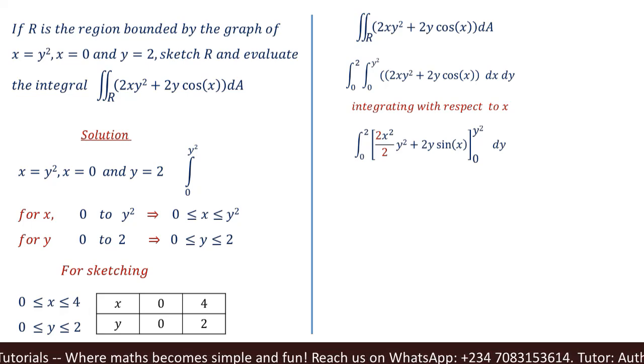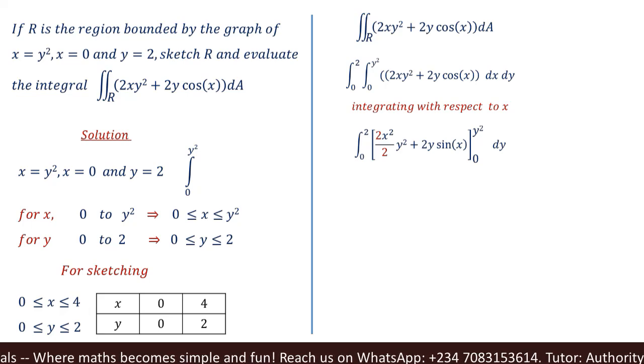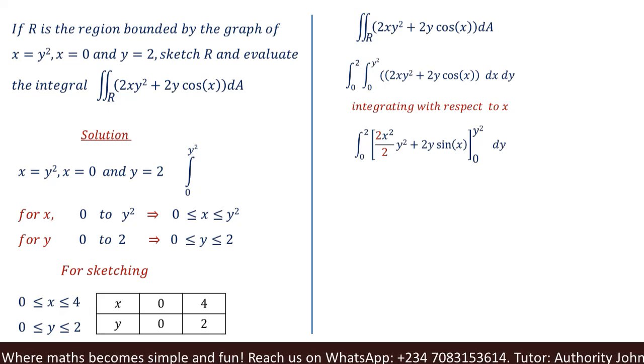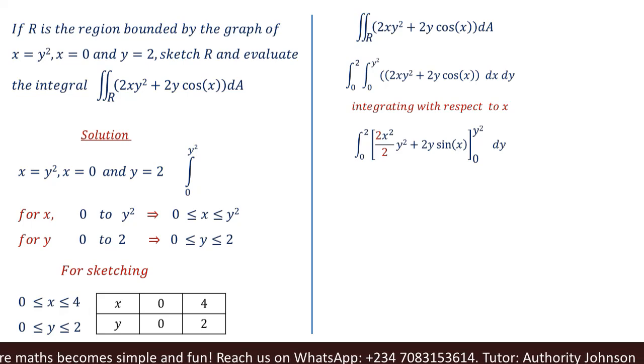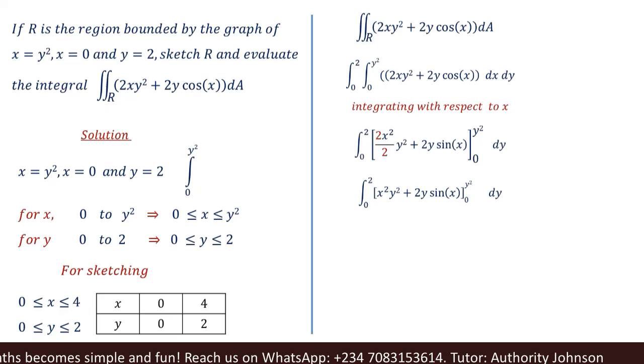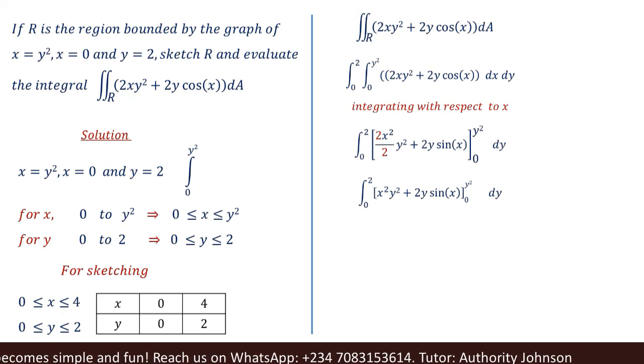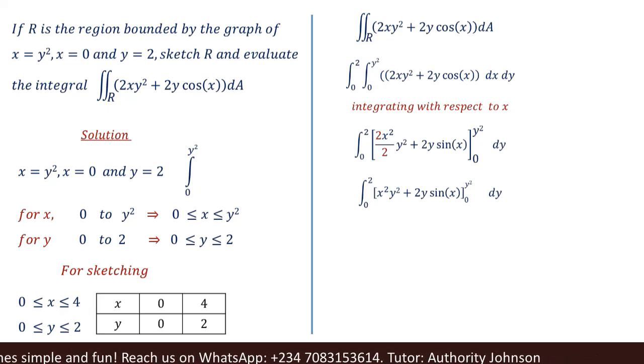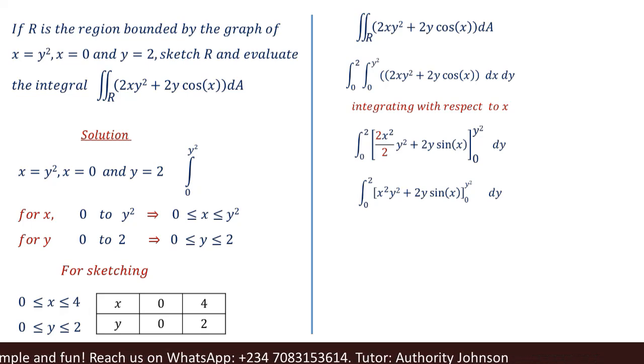Now let's go. So when we do that, what do we have? We have 2x squared all over 2. So here 2 we cancel 2. We're going to have x squared y squared plus 2y sine x from 0 to y squared dy. Hello. Now look at this.